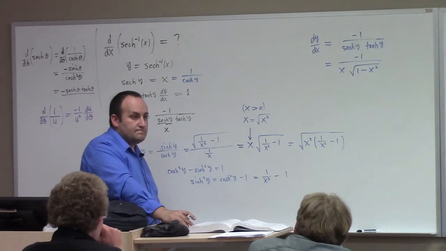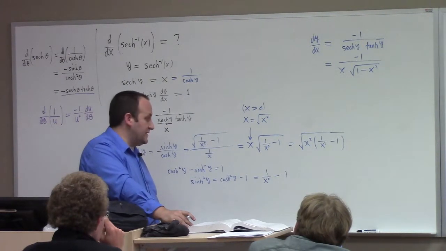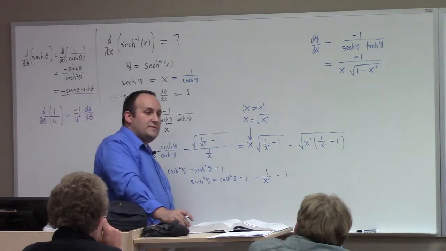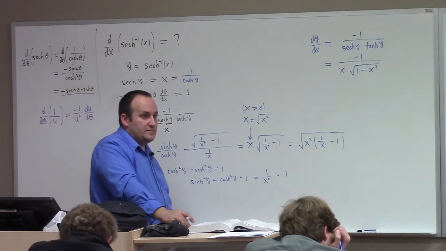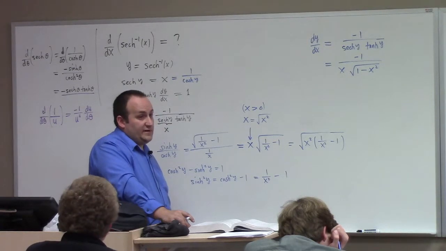For this problem on the test, if we know the identity, and I just say differentiate, I haven't even written the problem on the board yet, but if I just said differentiate that, then yeah, you could use what you know. You wouldn't have to derive inverse hyperbolic secant. But odds are, if I asked that derivative on the test, I probably made you derive it elsewhere.